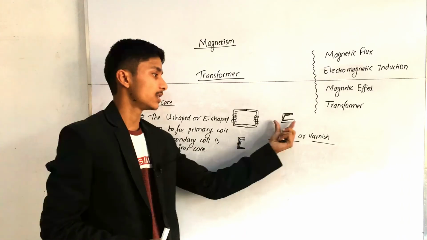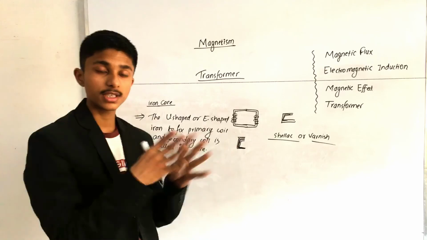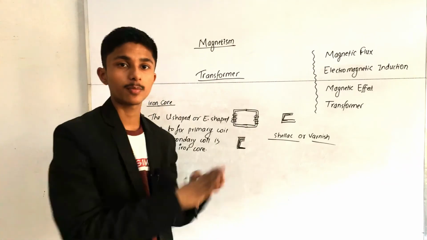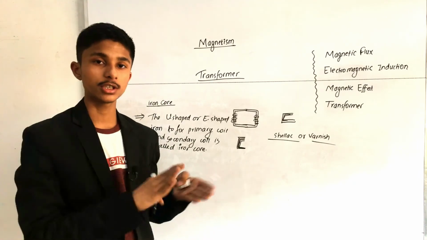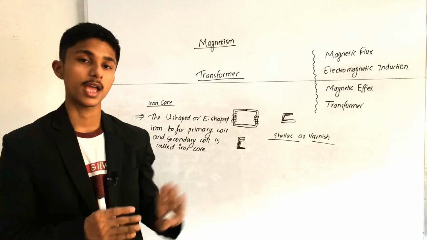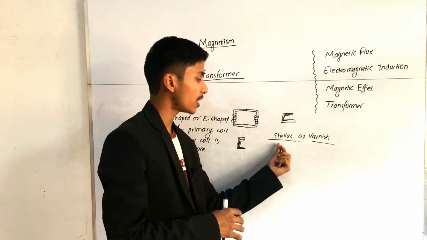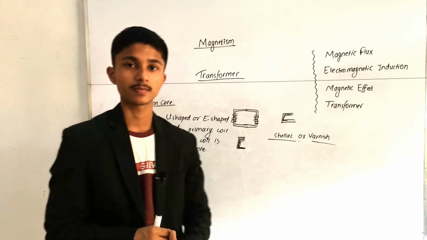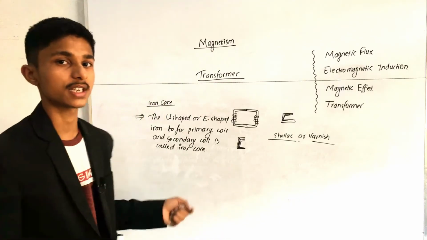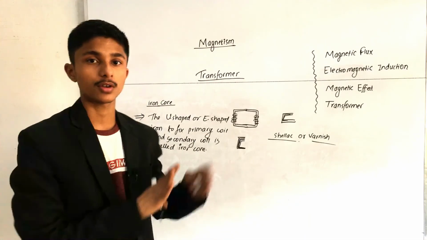When we join these E-shaped or U-shaped irons by polishing them, this process is called lamination of the core. It is done with shellac or varnish, a kind of paste-like substance.